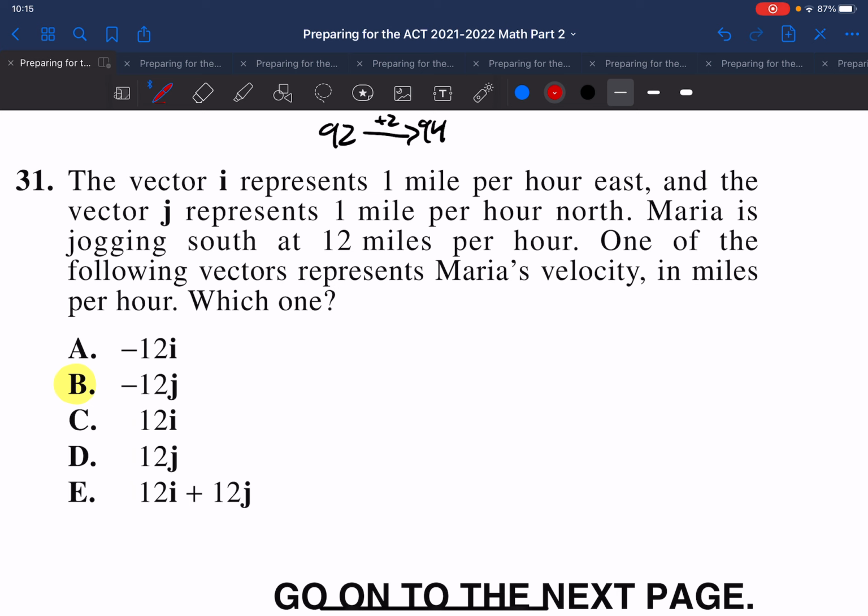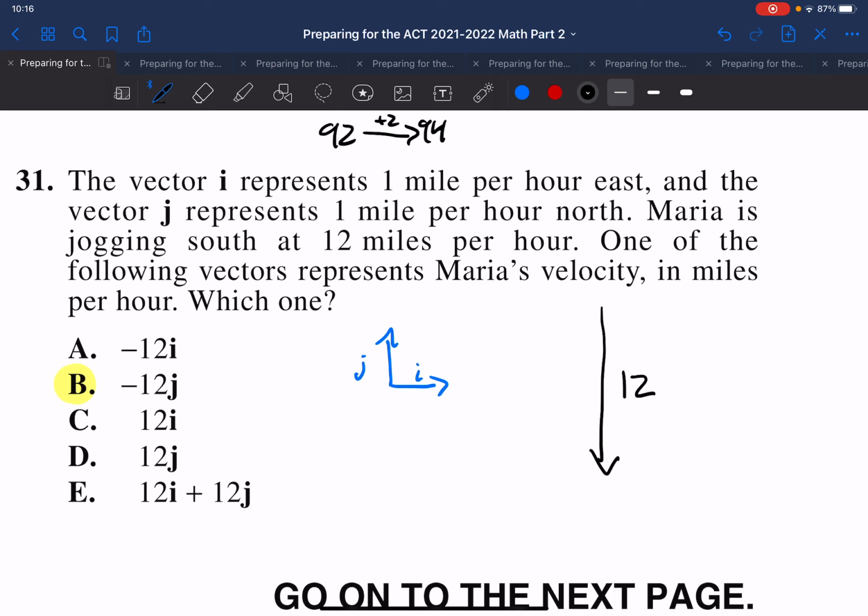And 31. The vector i represents 1 mile per hour east, and the vector j represents 1 mile per hour north. So this is j, and this is i. One of the following vectors represents Maria's velocity in miles per hour because she jogs south at 12. So the question is, how do we write this?